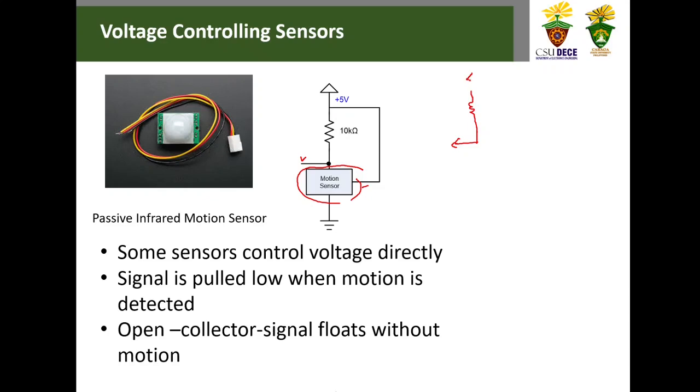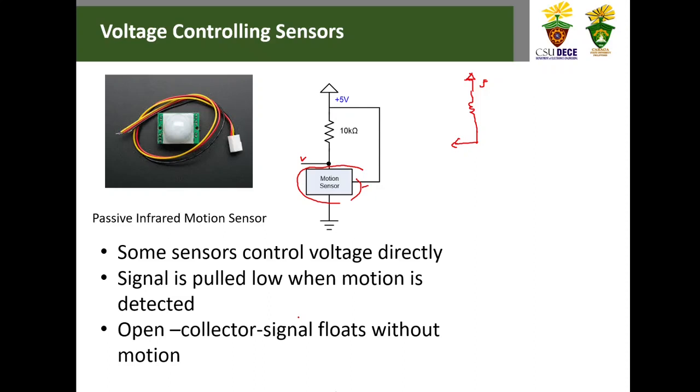This is 5 volts. So this motion sensor floats, so it is open. So if there is no motion, then it pulls up, so it is high. This kind of sensor is called an open collector signal, since it floats without motion. So I hope it is clear. If it is not yet understood, you can directly message me with your questions.